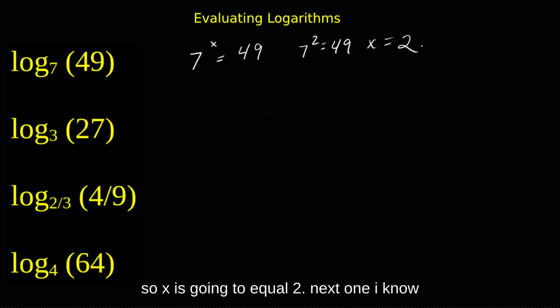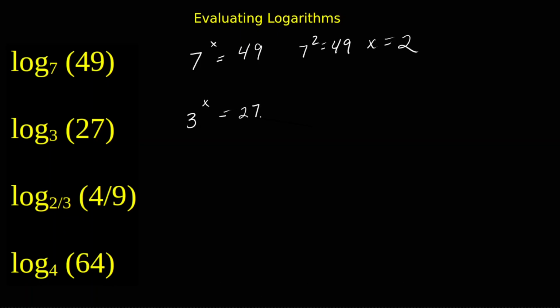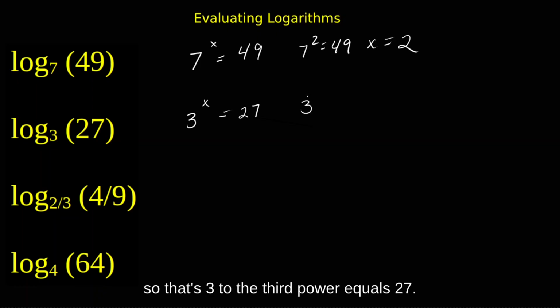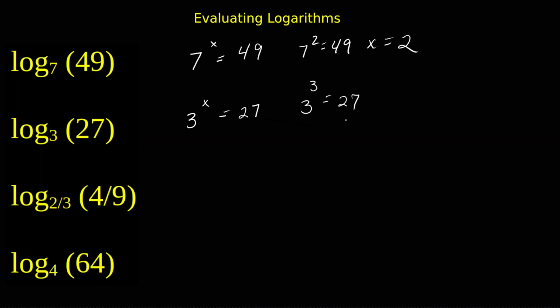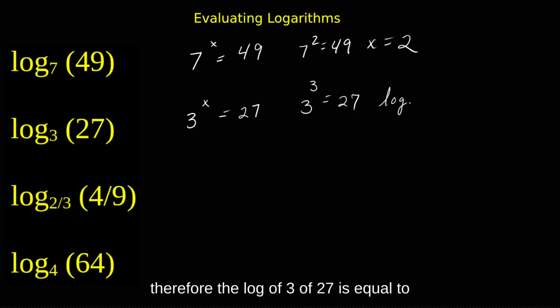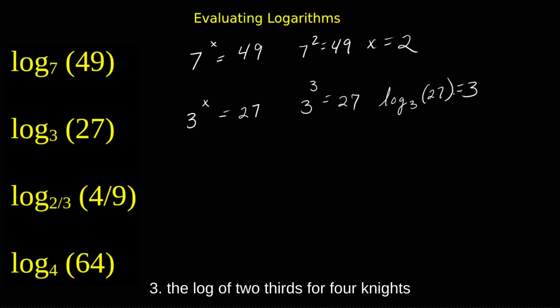Next one. I know that 3 must be raised to some power to equal 27. So I know that's 3 times 3 times 3. So that's 3 to the 3rd power equals 27. Therefore, the log base 3 of 27 is equal to 3.